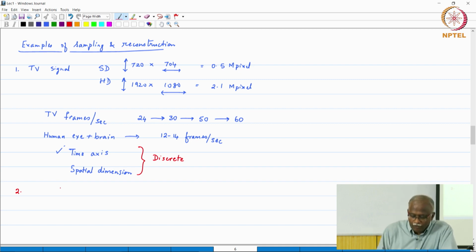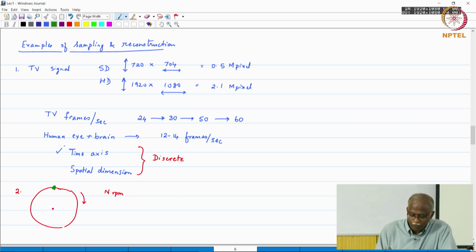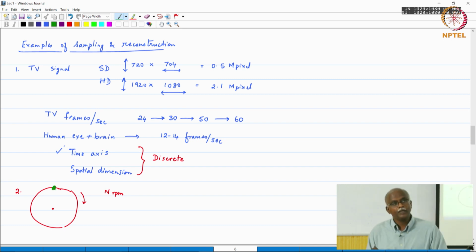Okay, now I have a wheel that is spinning. Let us say it is spinning at n RPM. On this wheel there is a spot that I have marked.